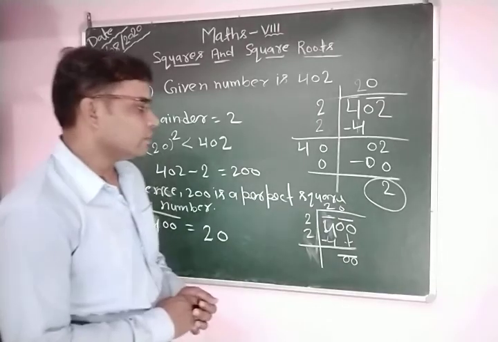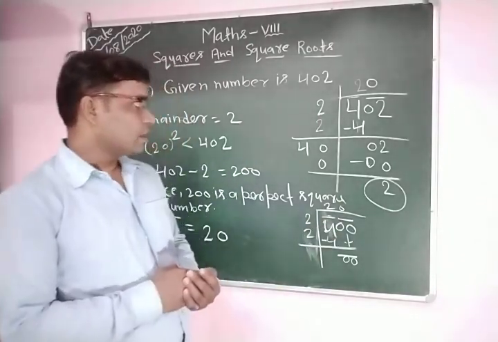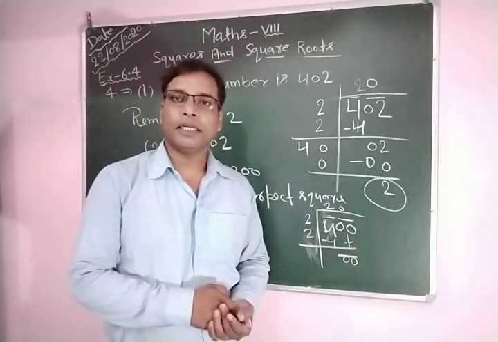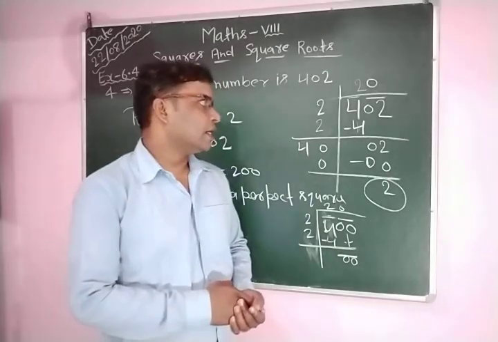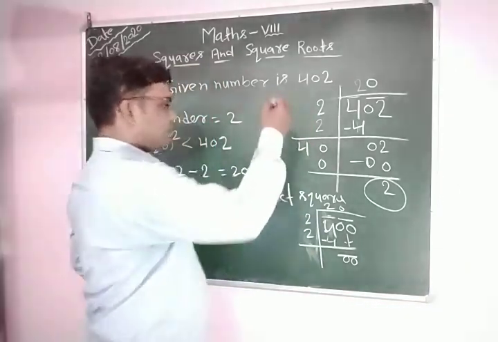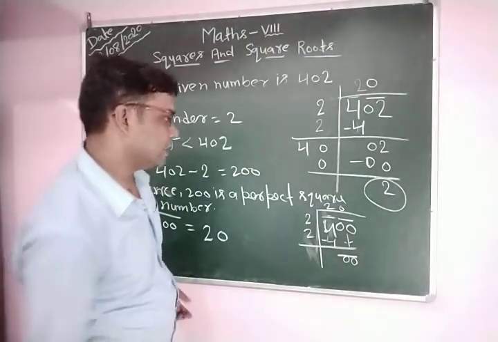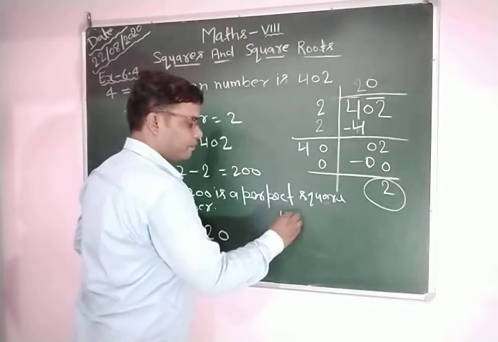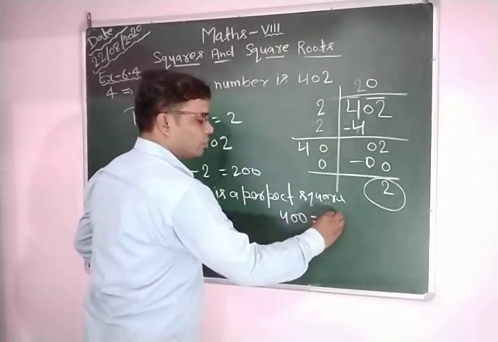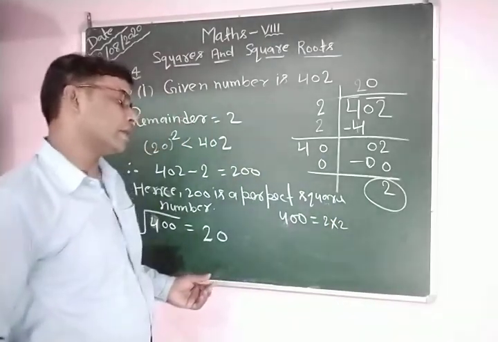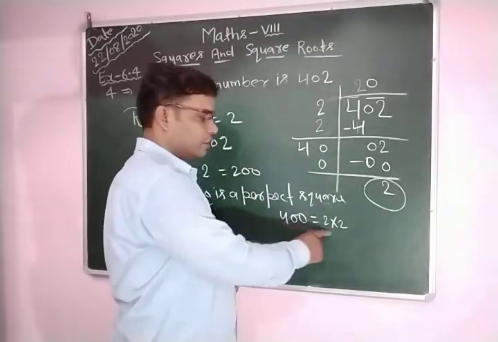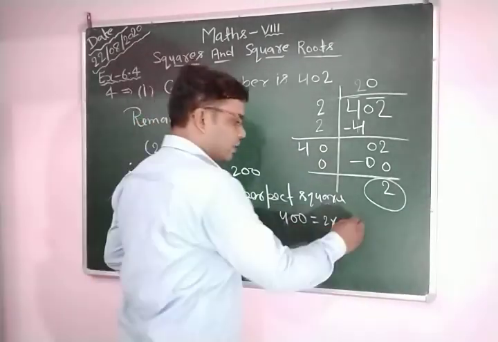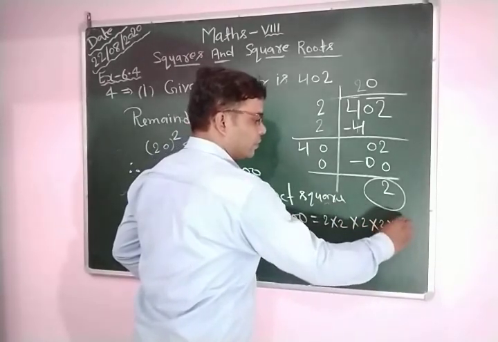Also you can find the square root of 400 by the prime factorization method. In this method, you first express 400 as the product of prime factors. 400 is equal to 4 times 100, and 100 is 4 times 25. So again you can write 2 into 2 into 2 into 2 into 5 into 5.